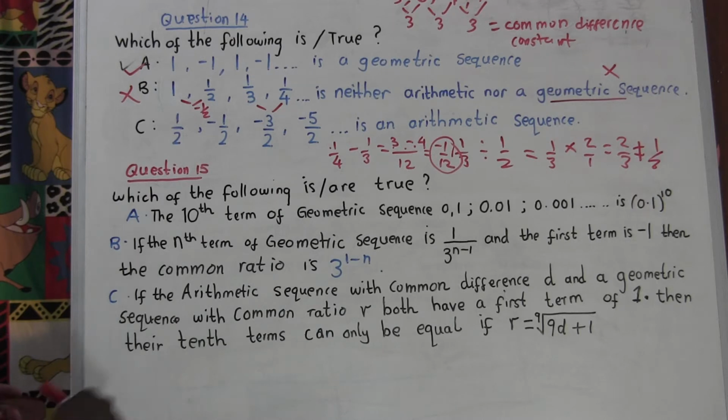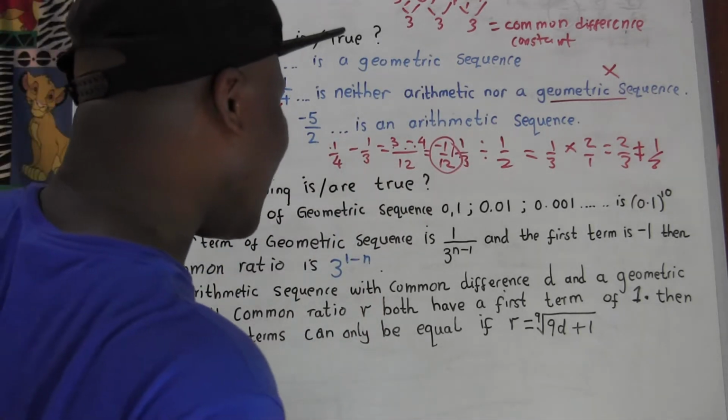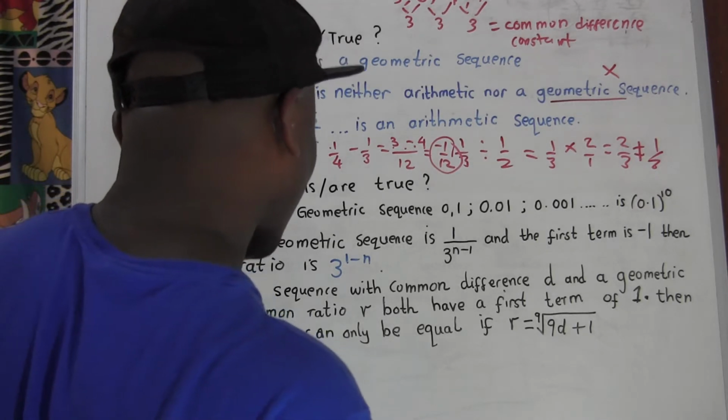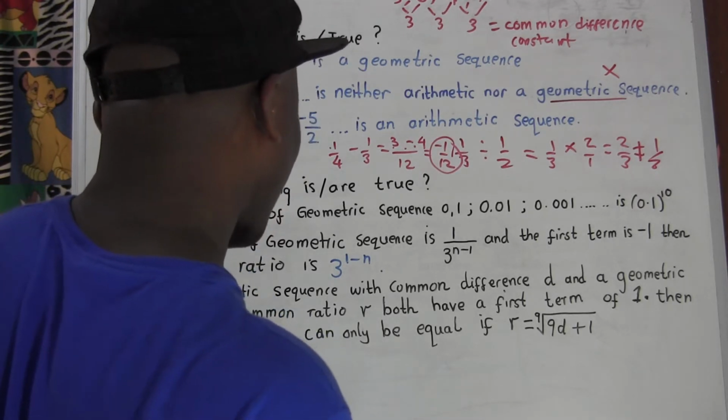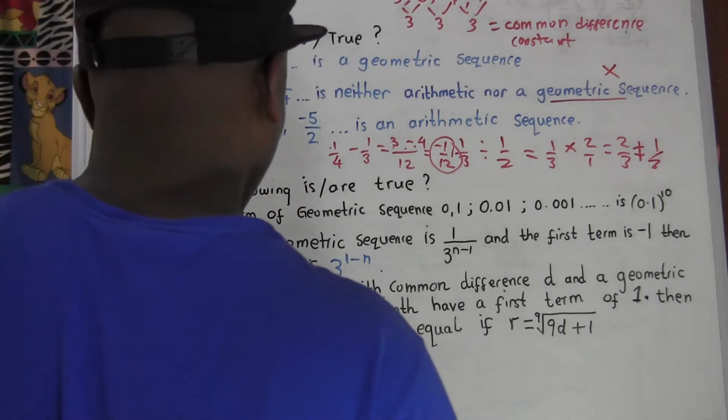Now, we want to see if this is arithmetic. How do we check for arithmetic? Take next minus previous, next minus previous, next minus previous. Okay, now we go.